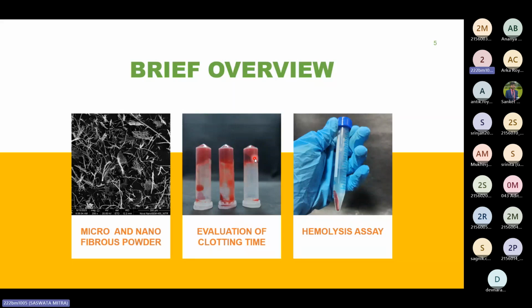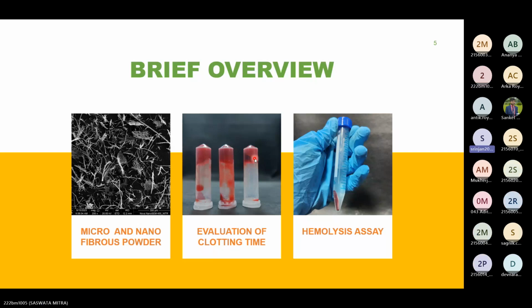That is how you evaluate clotting time. Since my powder has a good absorption property, I add blood accordingly so that there is some excess blood that the powder can clot, and I can check that the blood has clotted. So this is the excess blood which has not been absorbed by the powder and it has clotted.